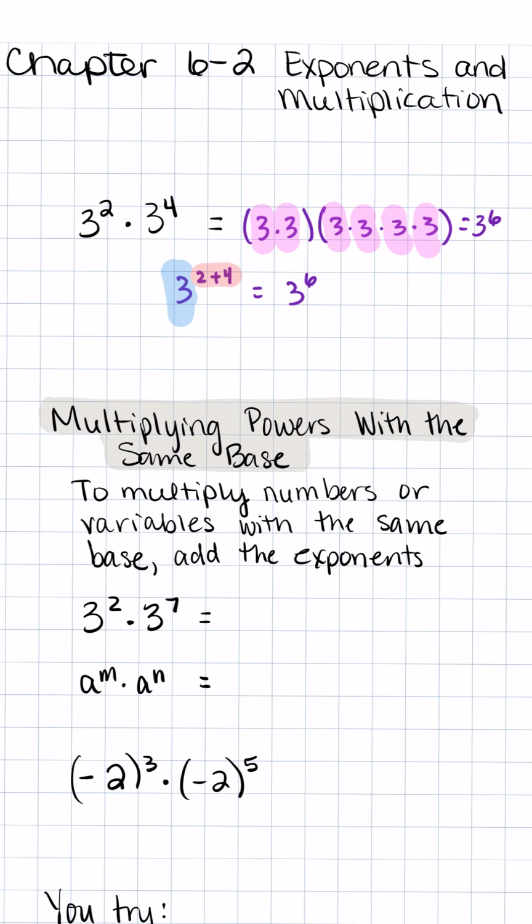So, multiplying powers with the same base. To multiply numbers or variables with the same base, add the exponents. That's exactly what we just said. Looking at this next one, we have 3 to the second power times 3 to the 7th power, 2 plus 7, 3 to the 9th power.